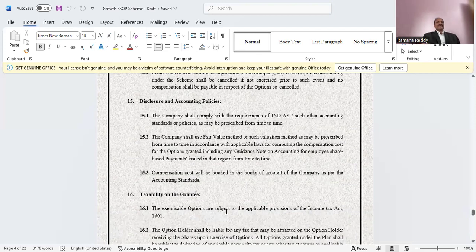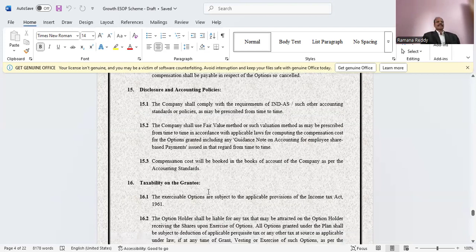The company shall use the fair value method or such valuation method as may be prescribed from time to time in accordance with all applicable laws, in computing the compensation cost from the options granted, including any guidance note on accounting for employee share-based payments issued in this regard from time to time. Compensation cost will be booked in the books of account of the company as per the accounting standards.